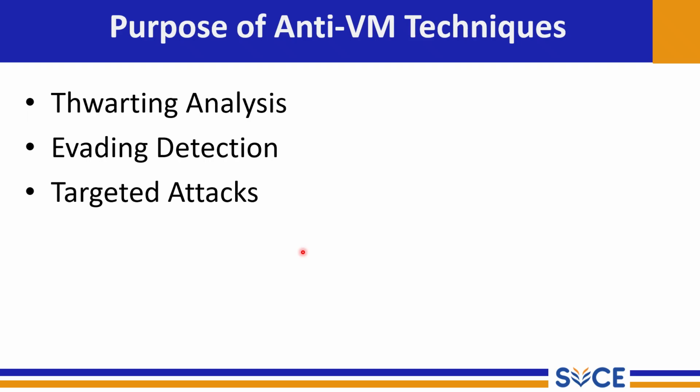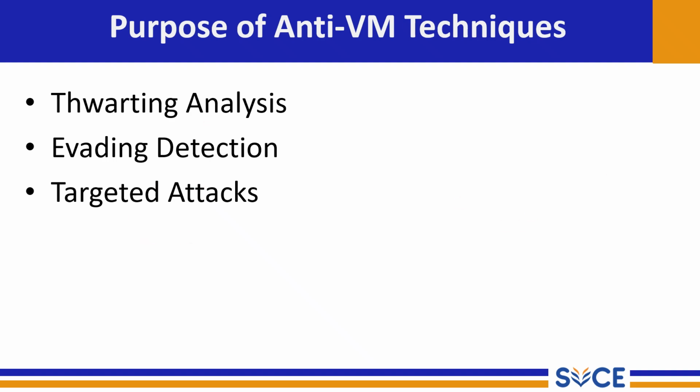And third, targeted attacks. In some cases, malware may have different functions or payloads depending on whether it's running on a physical system or a virtualized one, right? So these are the purposes of anti-VM techniques.